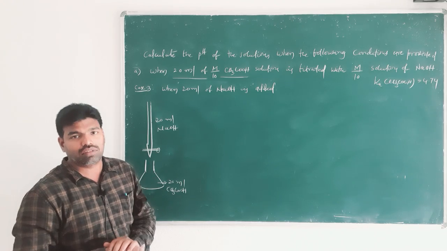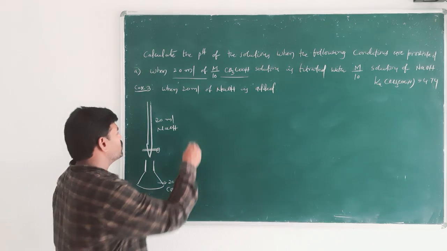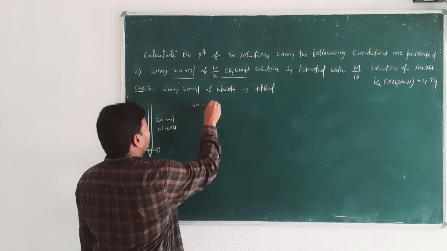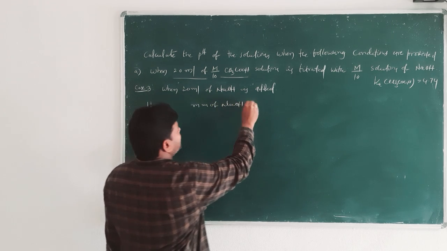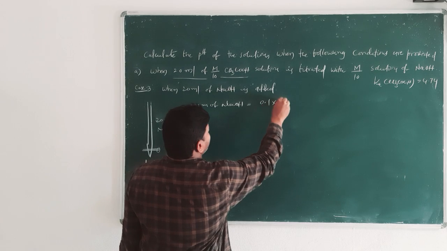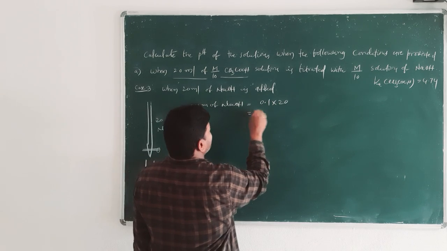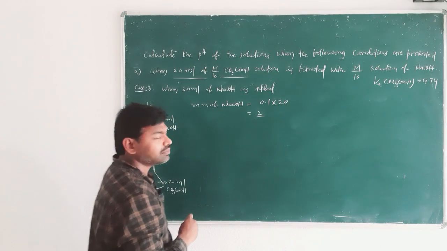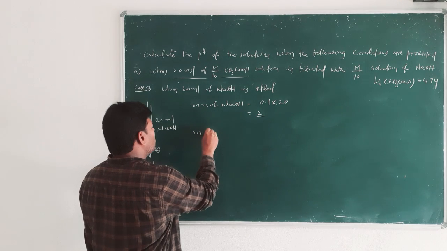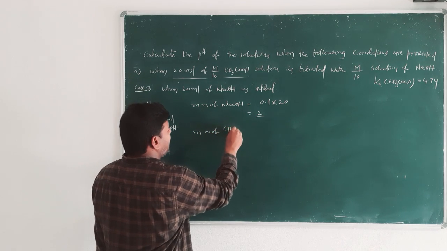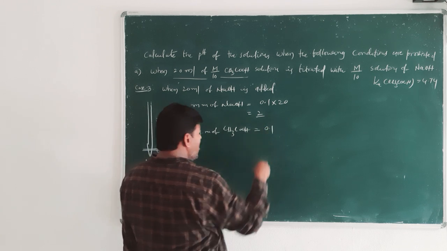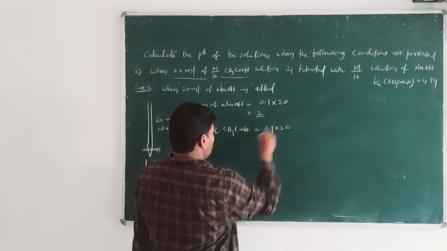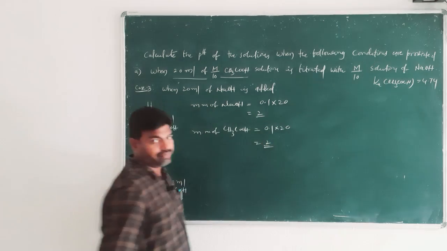Millimoles of NaOH is its concentration into volume in ml, that is 2 millimoles, and millimoles of acetic acid, its molarity into volume in ml, so 2 millimoles.